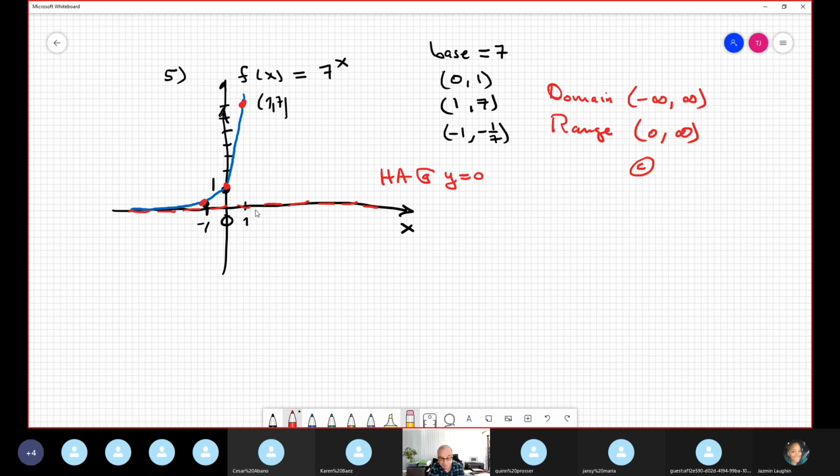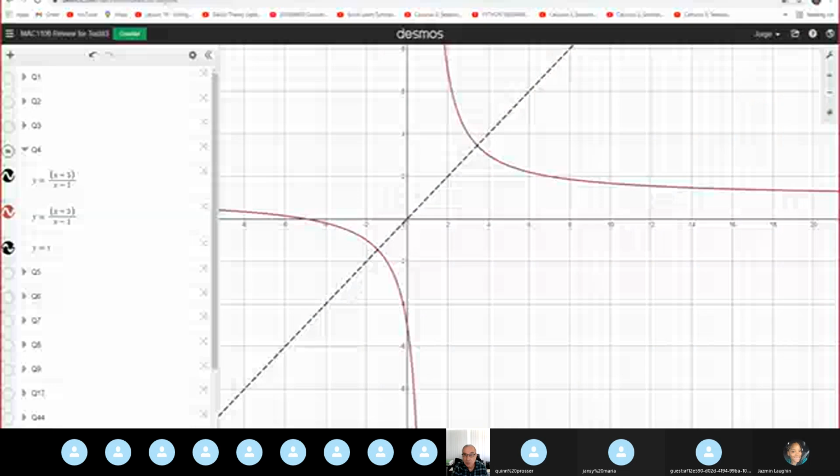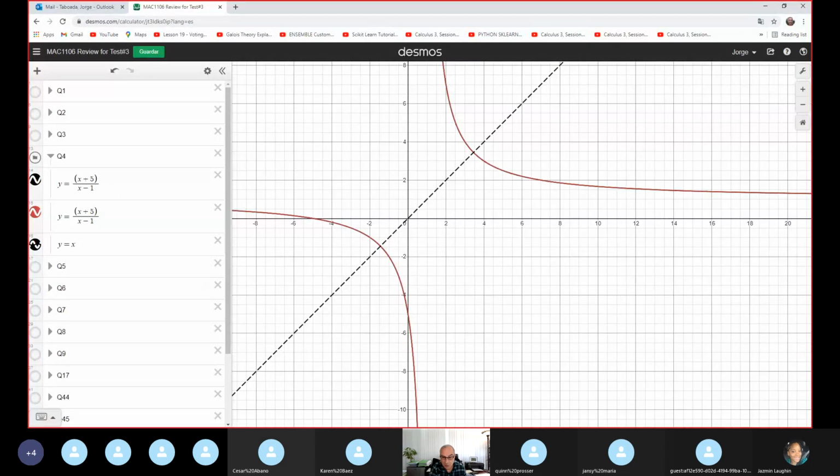Just in case you want to see it more clearly, of course we are doing this one in Desmos, we try quickly. Okay, I have Desmos. I share the screen now. Okay, sorry. Now Desmos. Do you see it right?